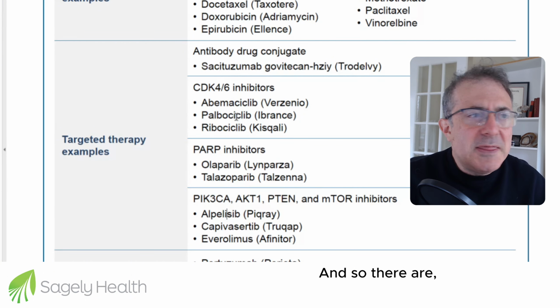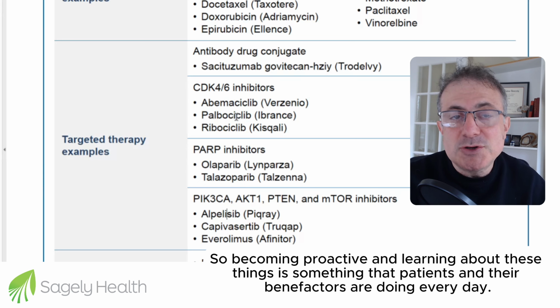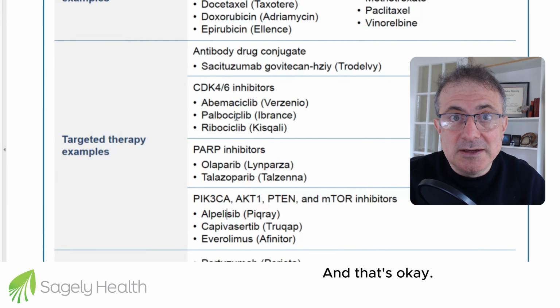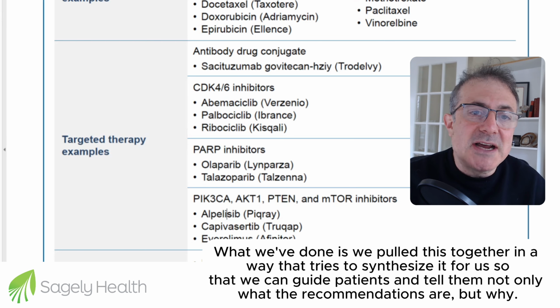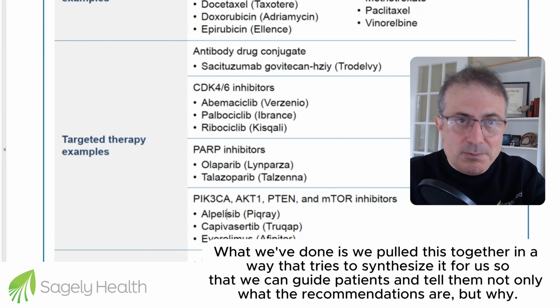So becoming proactive in learning about these things is something that patients and their benefactors are doing every day. And they're Googling this stuff. And that's okay. What we've done is pull this together in a way that tries to synthesize it for us so that we can guide patients and tell them not only what the recommendations are, but why.